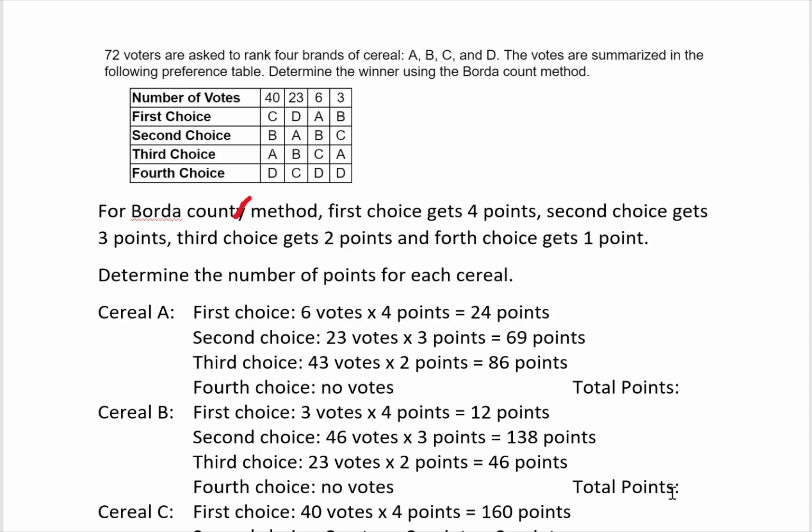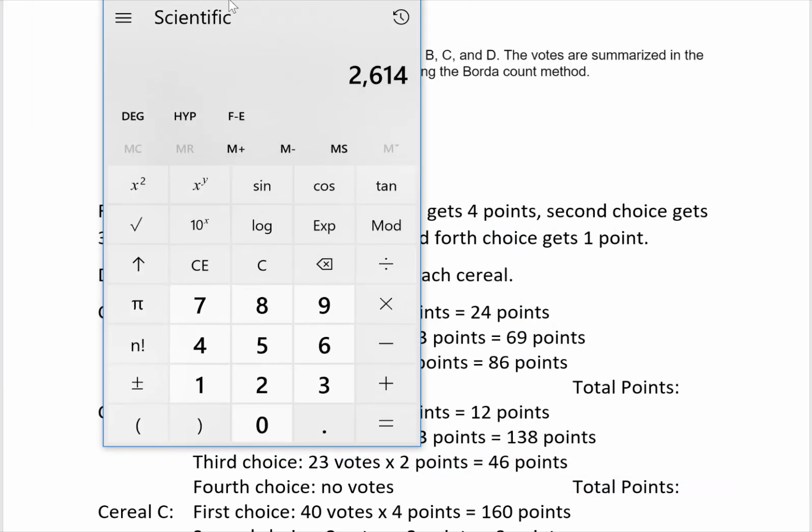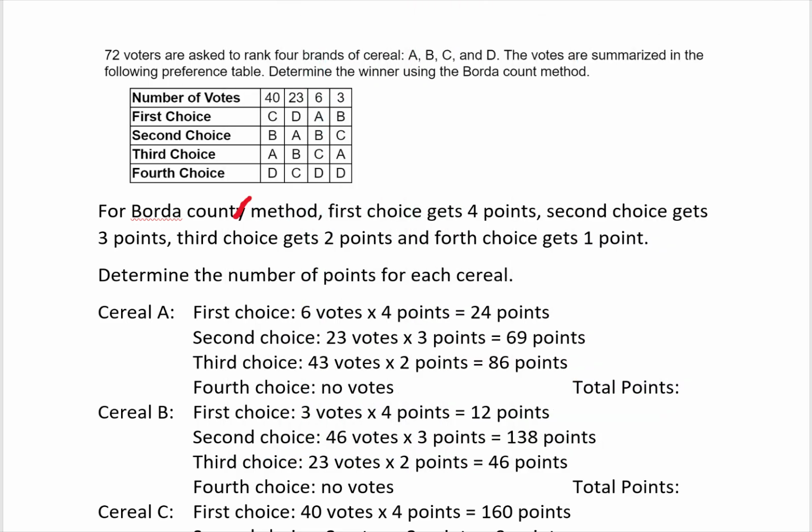If I total 24 plus 69 plus 86, I get 179 for cereal A.